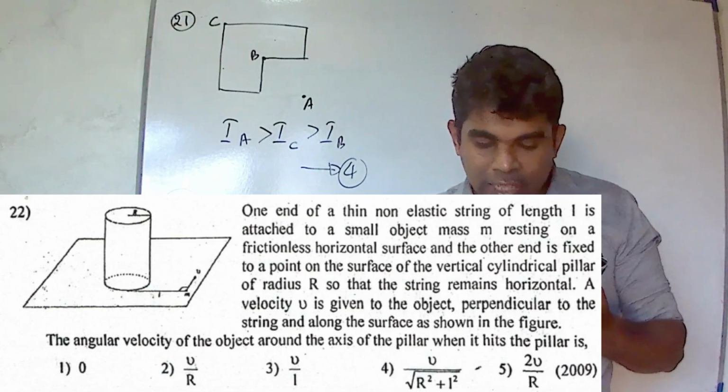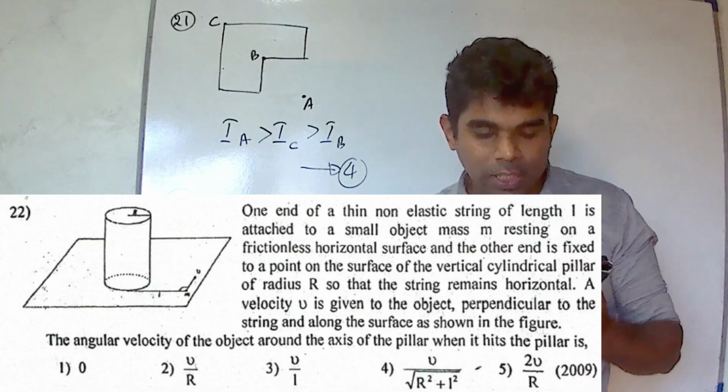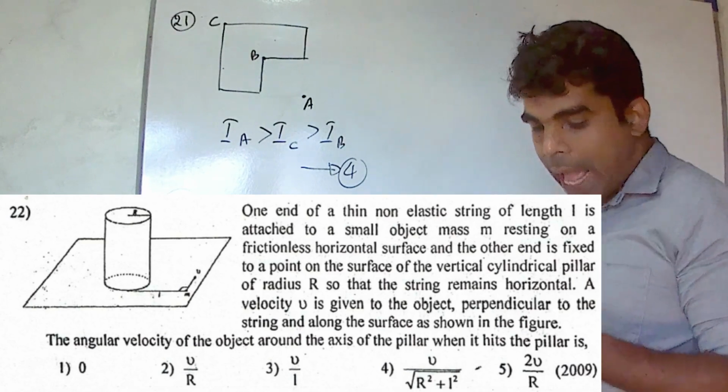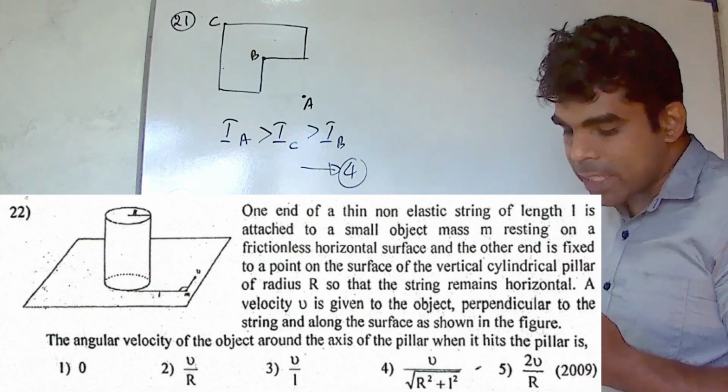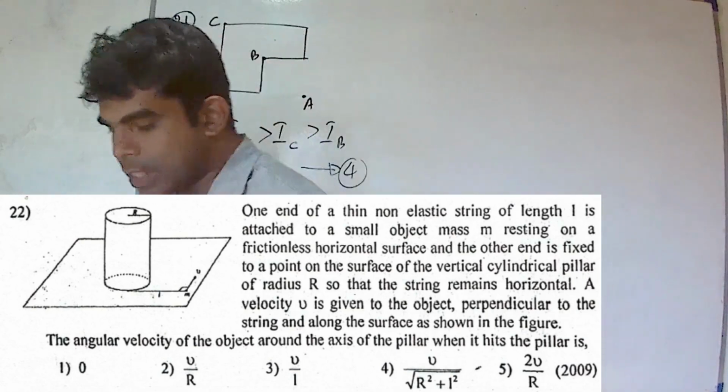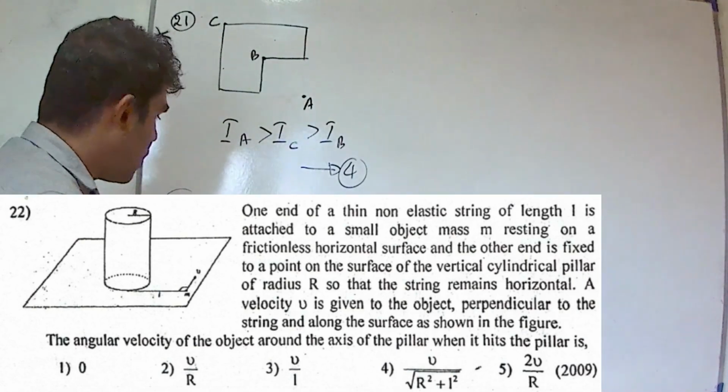A velocity v is given to the object perpendicular to the string and along the surface as shown in the figure. The angular velocity of the object around the axis of the pillar when it hits the pillar is? We have to consider angular velocity around the axis.